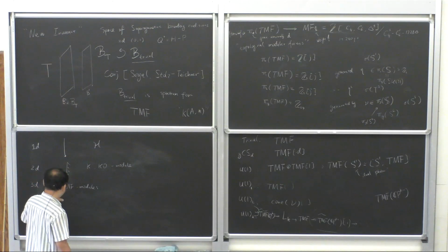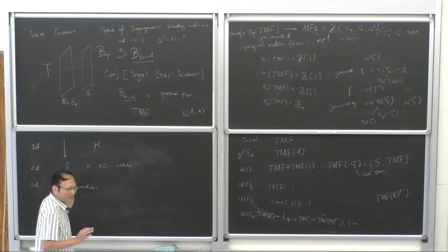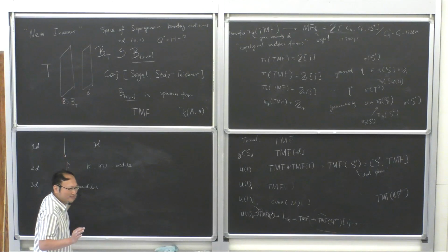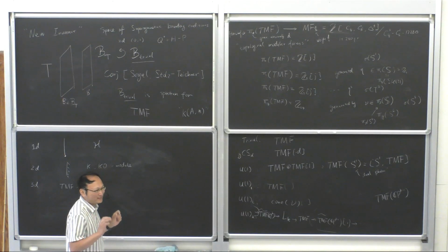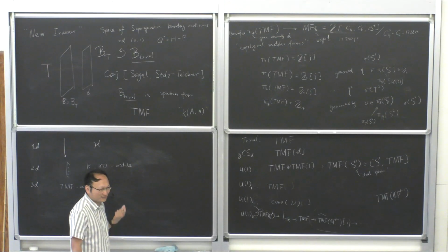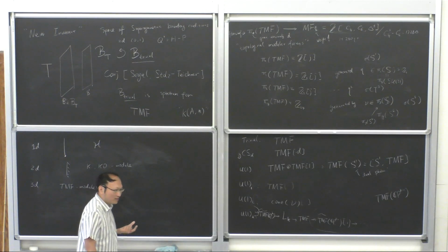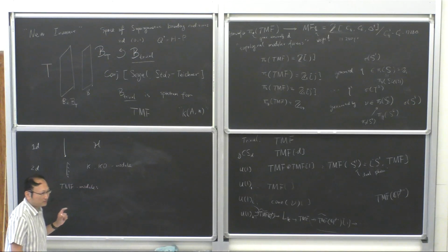And in other cases, boundary conditions are classified by TMF or TMF modules. But now you have a boundary condition of a 1D theory, and that's just a state. And the state is only naturally a C module, or maybe C star module. But maybe there's a way of thinking of it in terms of a Z module. And I haven't fully understood this story. Maybe with supersymmetry, somehow you can argue that this can be made naturally into a Z module.